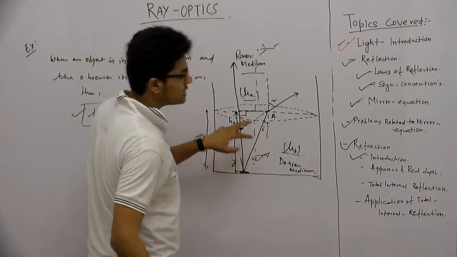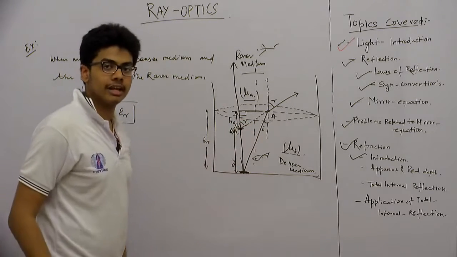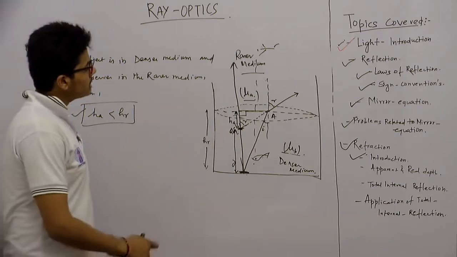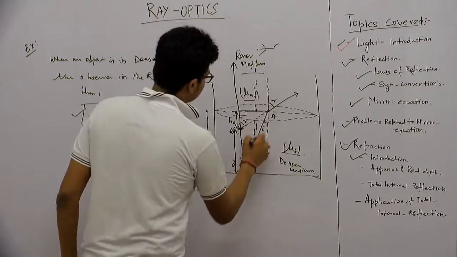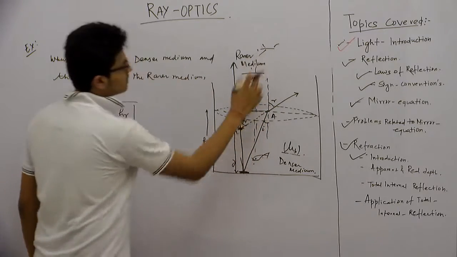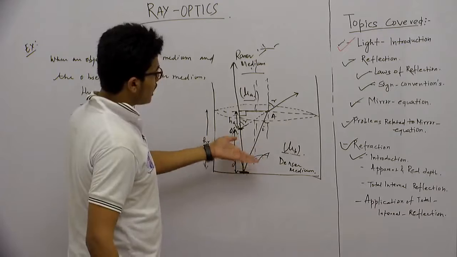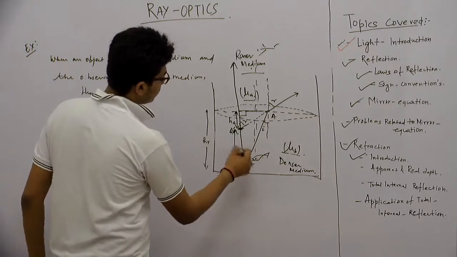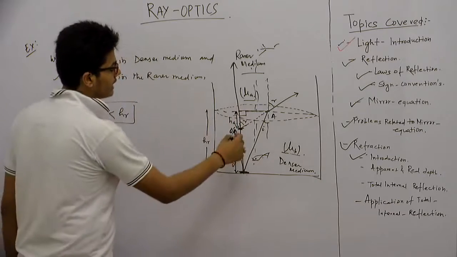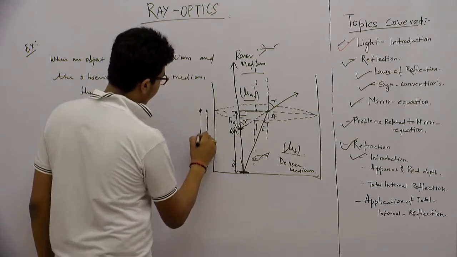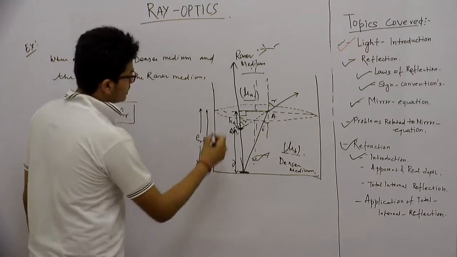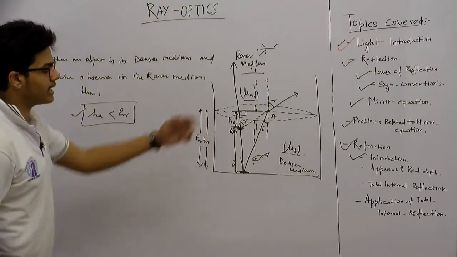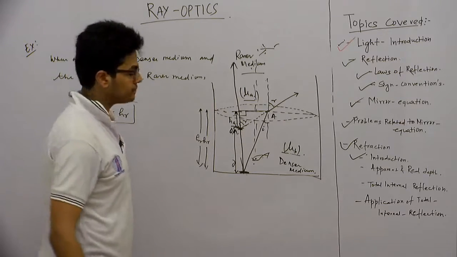It means there is a shift due to refraction of light when it is seen from rarer medium into the denser medium. Here it shows that the bird sees the fish above its actual depth. The actual height of this fish is HR, but the bird thinks that it occurs at HA, that is the apparent height.